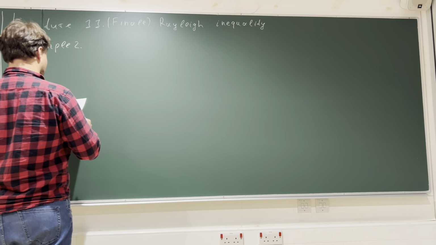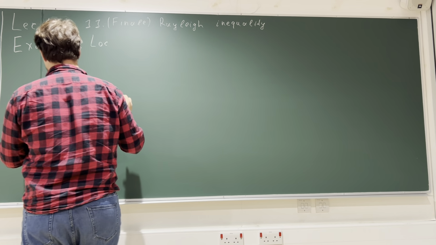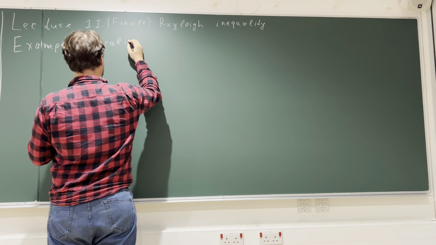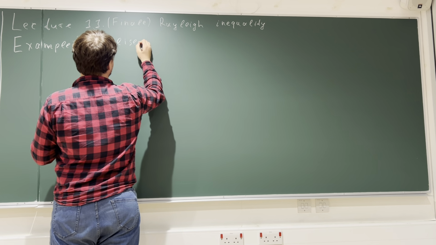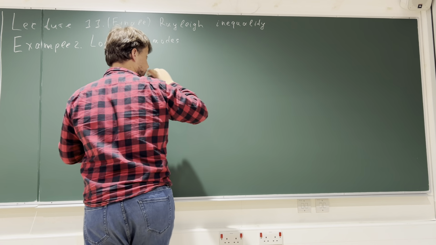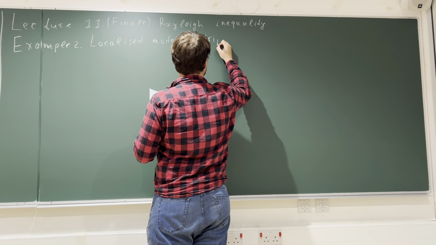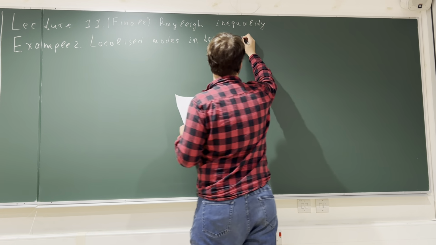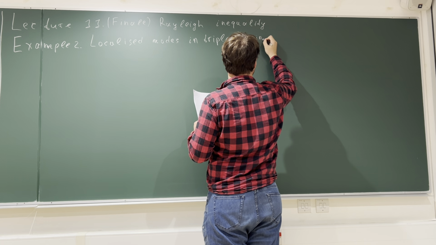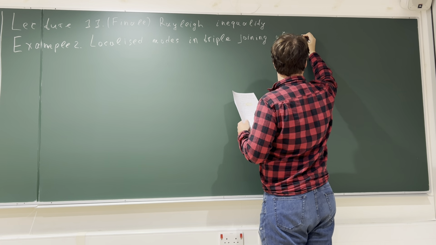Okay, example 2 is localized modes in a joining of 3 waveguides. Modes, probably I can say it like this, triple joining of waveguides.